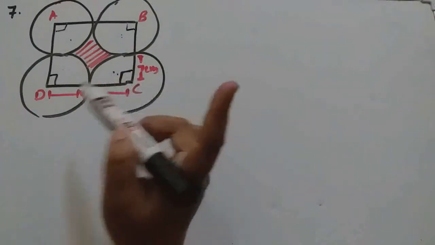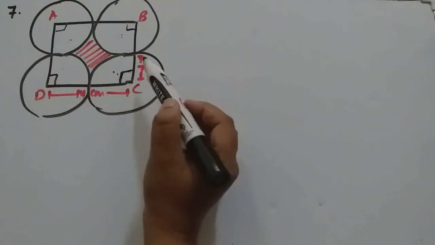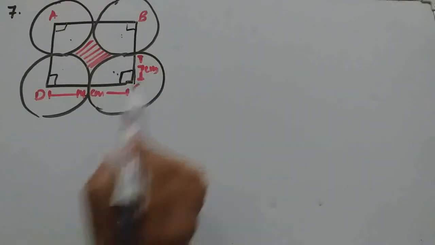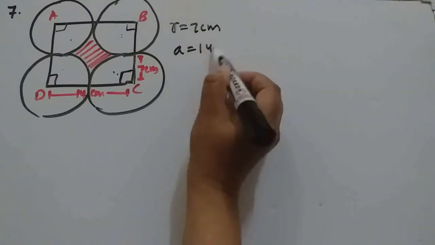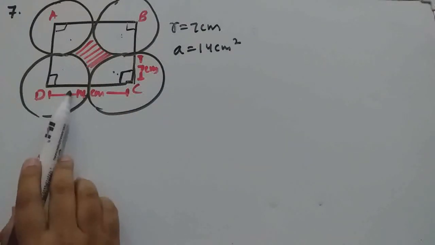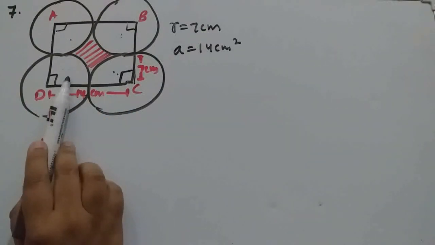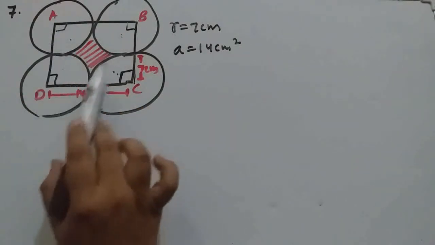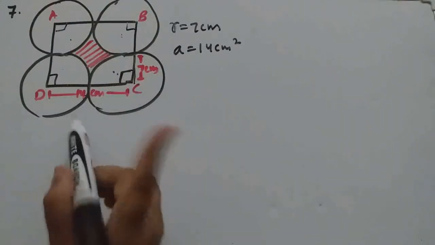So 4 quadrants will make one circle, and for all the radius is same. Side is given 14, so radius will be 7. Okay, so we can write R is 7 centimeter and A is 14 centimeter. So from the area of square, subtracting 4 areas of sector is equivalent to find area of square minus area of one circle.